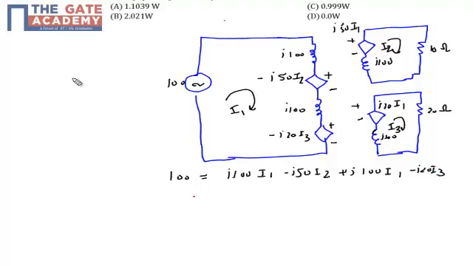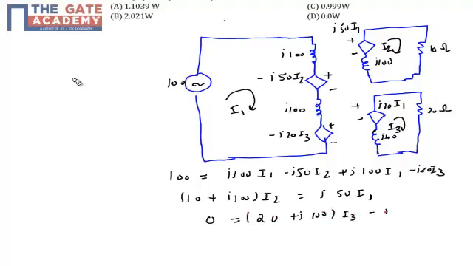Similarly, in mesh 2, the equation will be 10 plus j100 I2 is equal to j50 I1. Now mesh equation 3 is 0 is equal to 20 plus j100 I3 minus j20 I1.